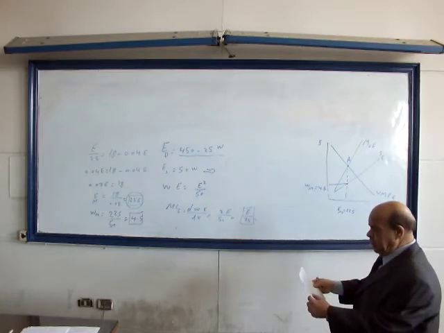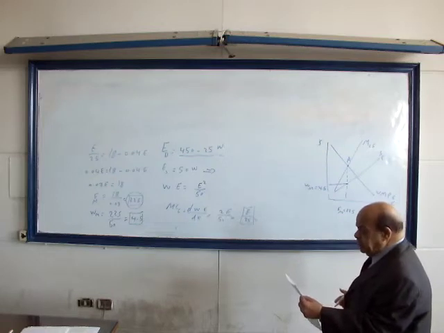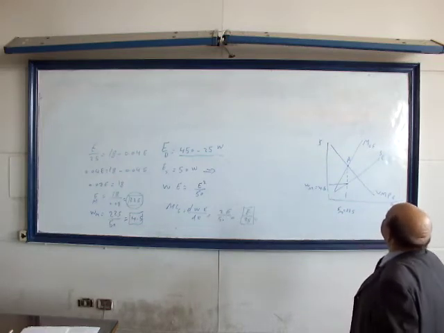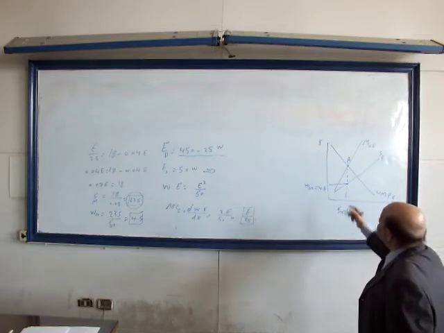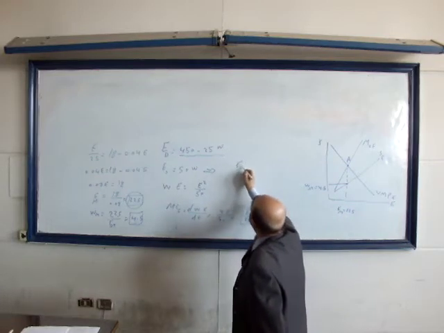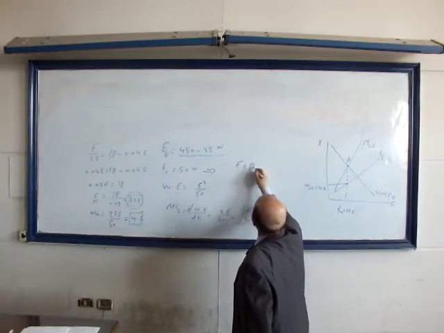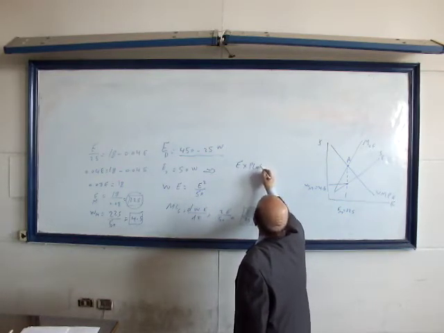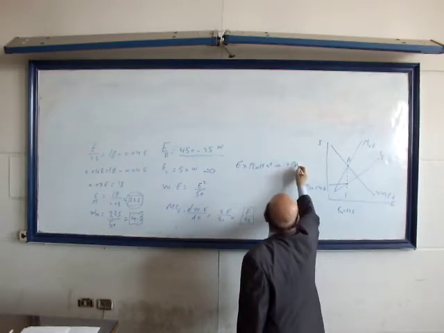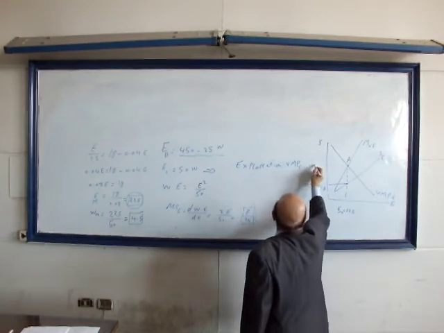Question number 2, he asked me, will there be any exploitation for labor? Yes, there will be exploitation. How do we define exploitation? Exploitation can be calculated as VMB minus wage.